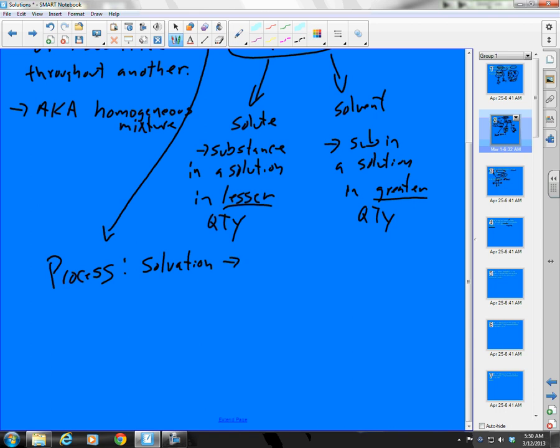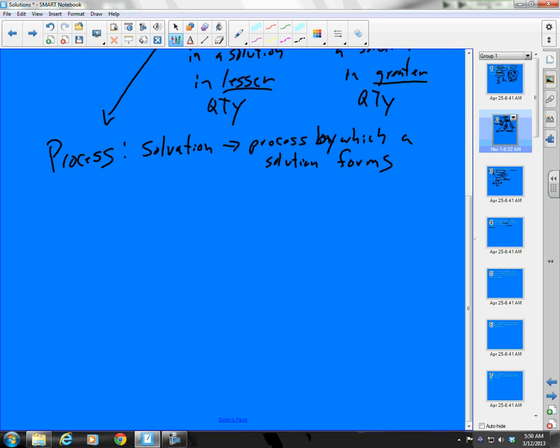This is the process in which a solution forms, or maybe by which a solution forms. That is called solvation. Okay, so let us think about, just as an example, sodium chloride, salt, as we know it, table salt, dissolving in water.